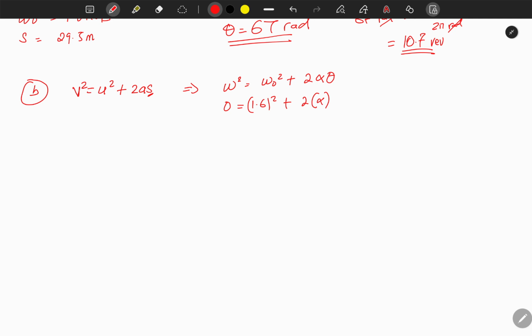What is our theta? We actually just found it here. You can use the 10.7 revolutions. So get your calculator. If you square 1.6, we are getting 2.56, plus, let's come here.